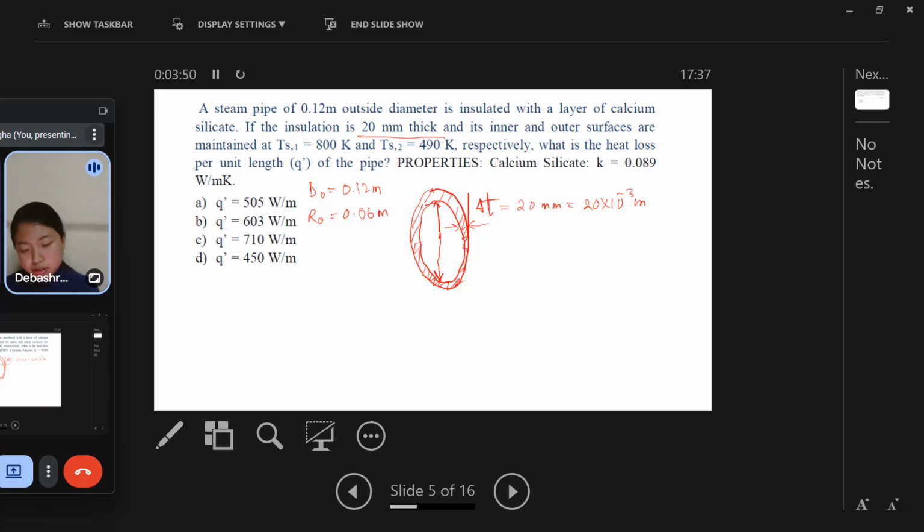Its inner and outer surfaces are maintained at Ts1 equal to 800 Kelvin and Ts2 equal to 490 Kelvin.